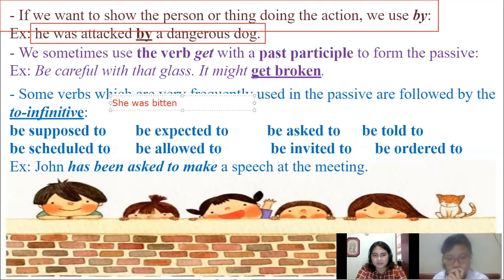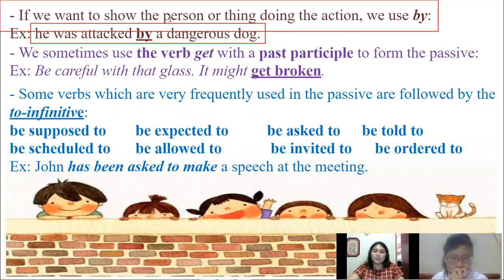Am I correct with my spelling, beaten? Okay, by. Thank you. She was beaten by a dog. Yes, very good. What happened to her? She was beaten. By what? By a dog. Correct. So, again, this is how to show the person or thing doing the action. So, what is the action of the dog? The dog beat the person. Did you understand? Okay.